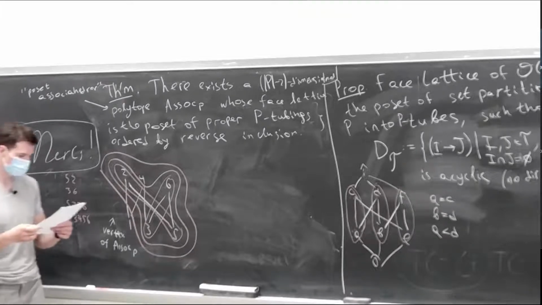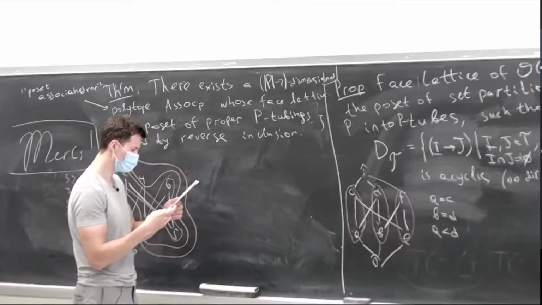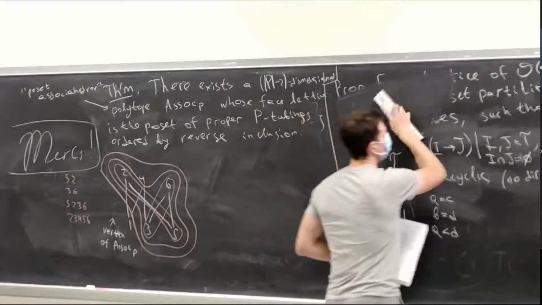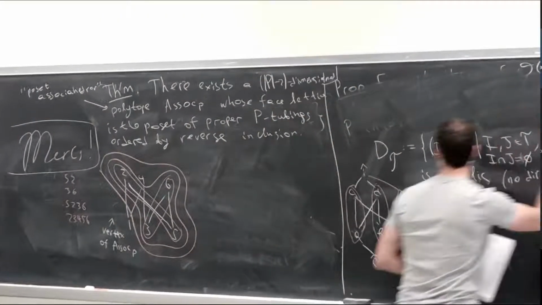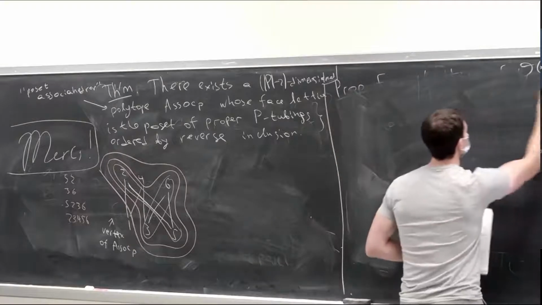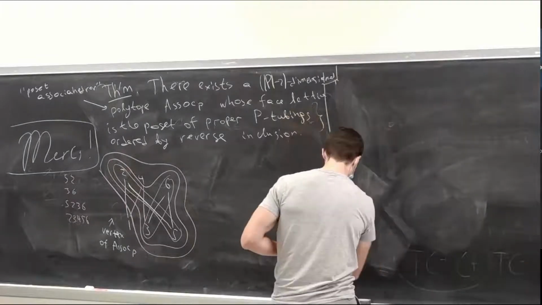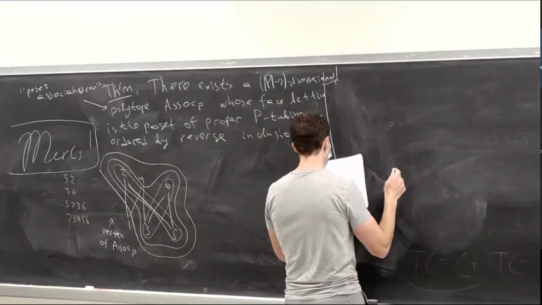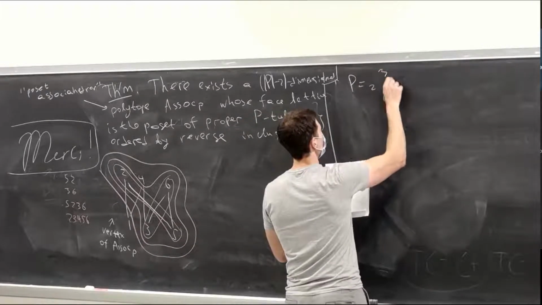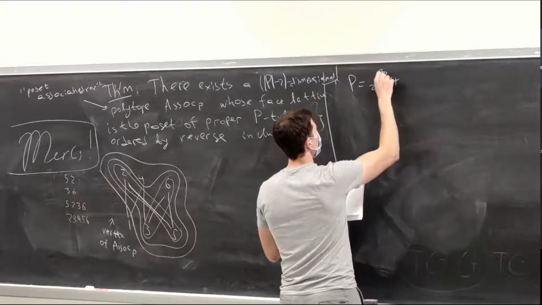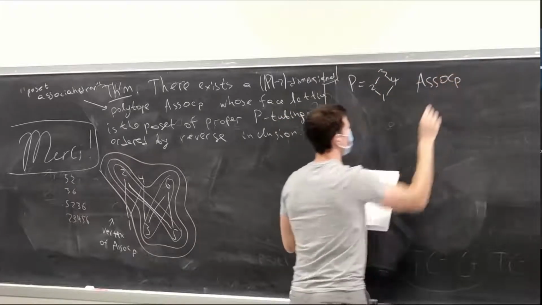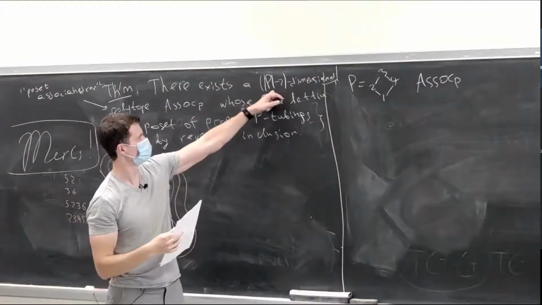So maybe I should try to draw the whole polytope for some example. For example, if my poset is 1, 2, 3, 4, like this, then the corresponding associahedron is going to have dimension 2, right?